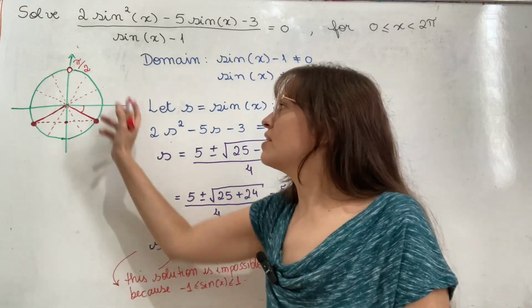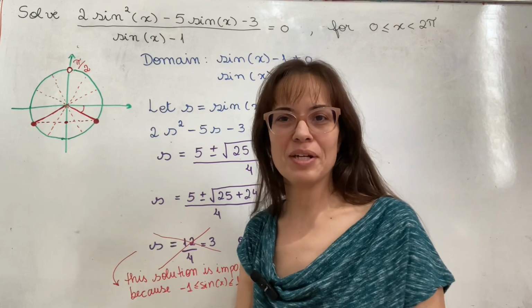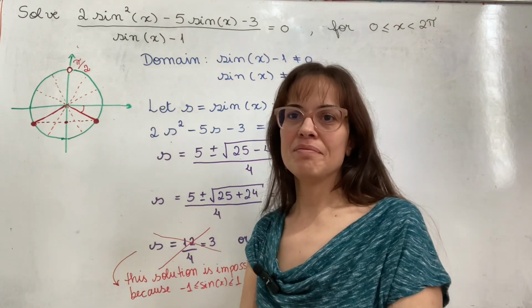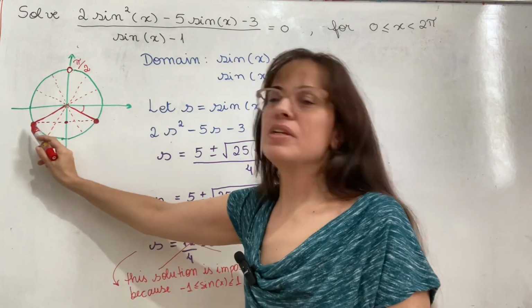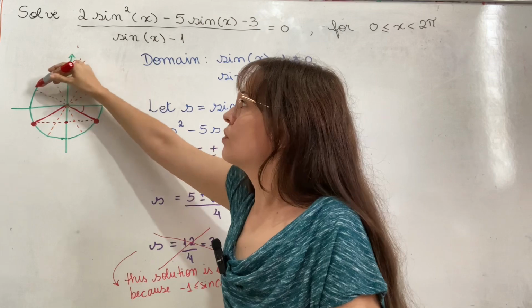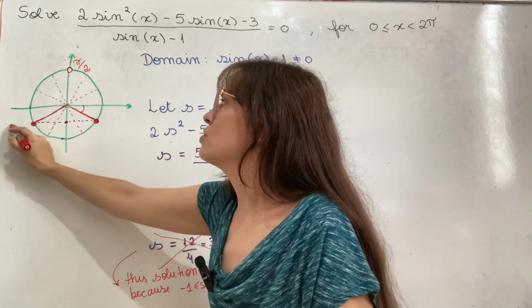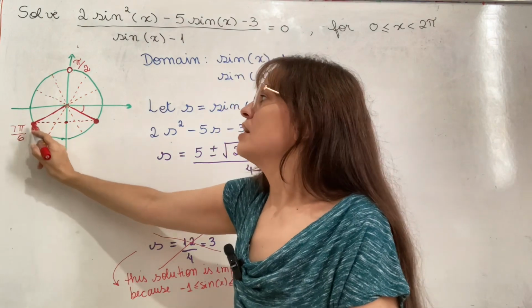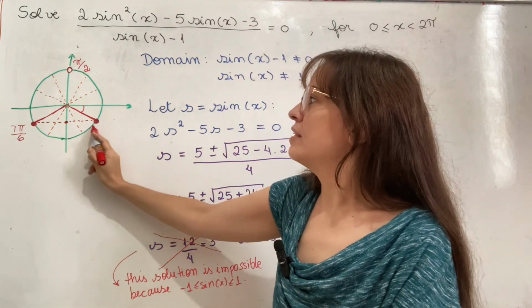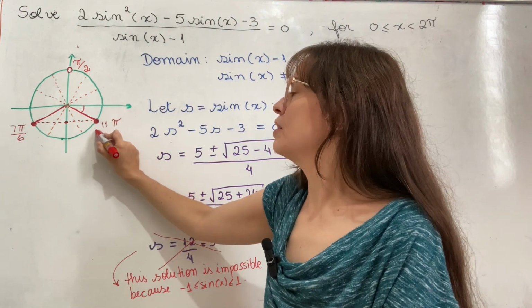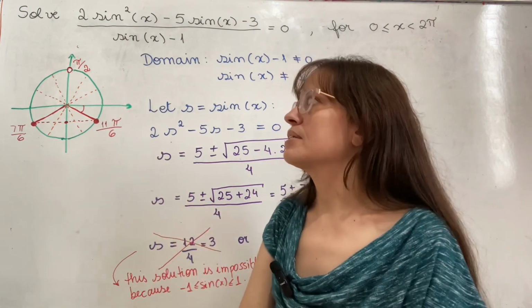I've just gone ahead and sliced the whole circle like a pizza in slices of pi over 6. And now I'm just going to count how many slices to get here and here. 1, 2, 3, 4, 5, 6, 7. So this one is 7 pi over 6, 8, 9, 10, 11, 11 pi over 6.